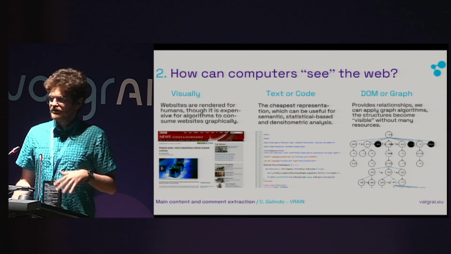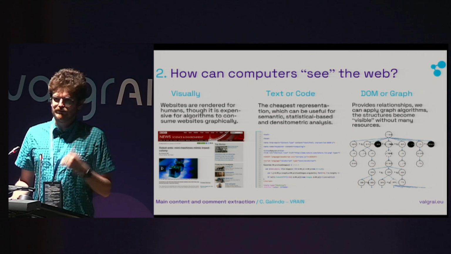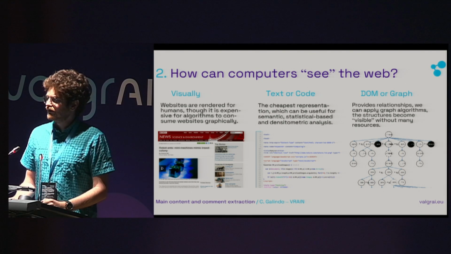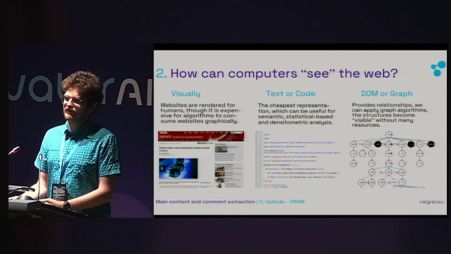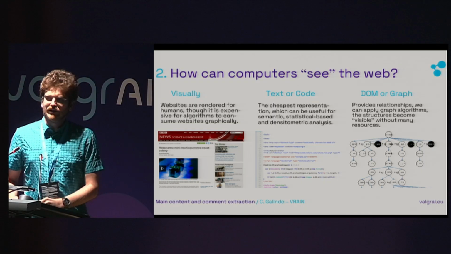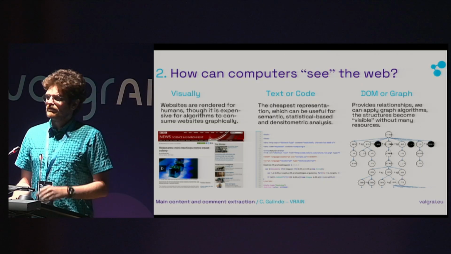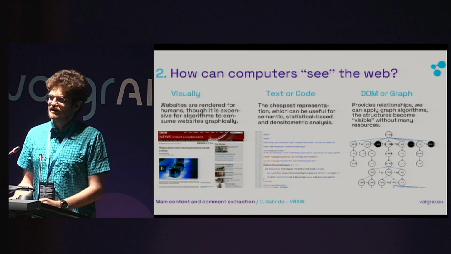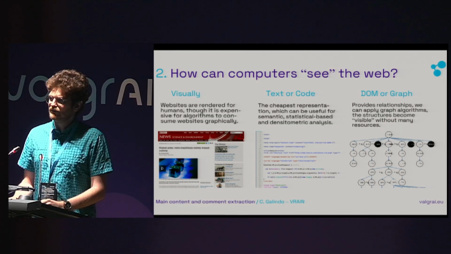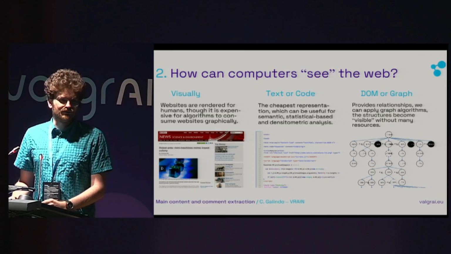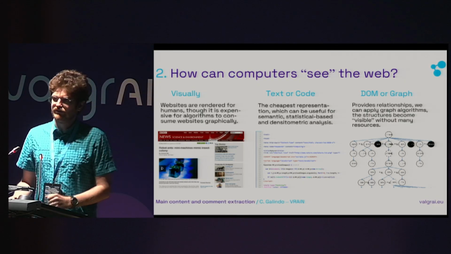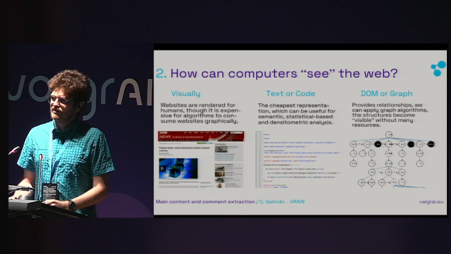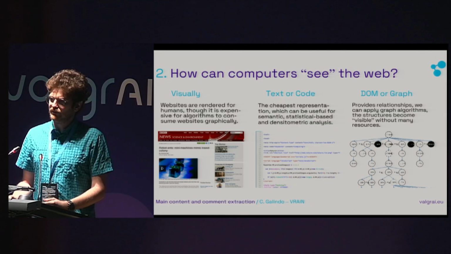As humans, we are just used to the pretty pictures we see on our phones and computers, but we can also represent each website as HTML code, and you can use that code to do some semantic analysis, some statistical-based analysis. But a really interesting way to represent websites is as graphs, and you'll be familiar with DOM trees as a way to interact with a website.